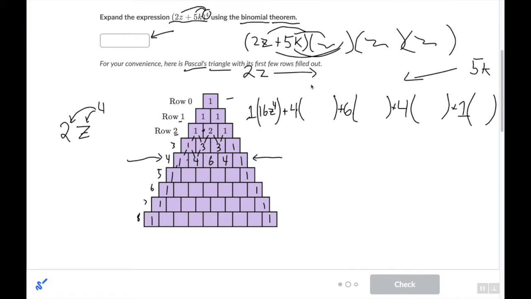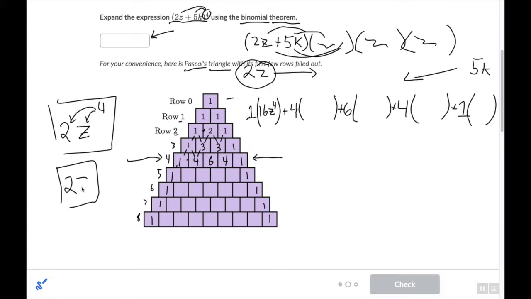Okay, next one we have to do is raise our binomial up to the next row. So we need to go down the next row. Now we're going to be working with our second block. As you remember, the 2z term gets raised up to the 4 as our first block, but now it's only going to get raised up to the 3.